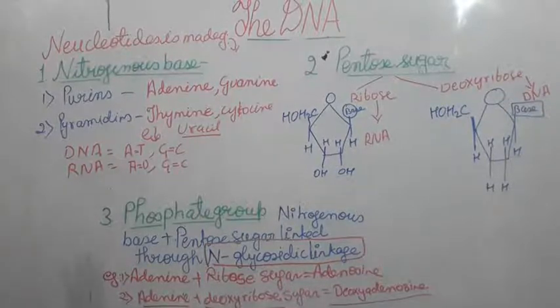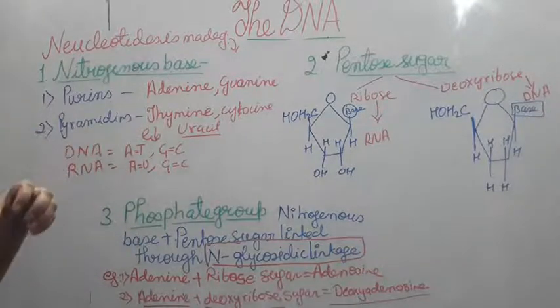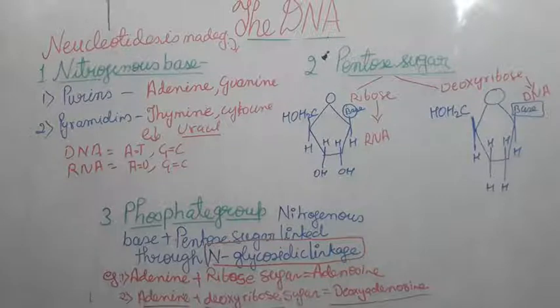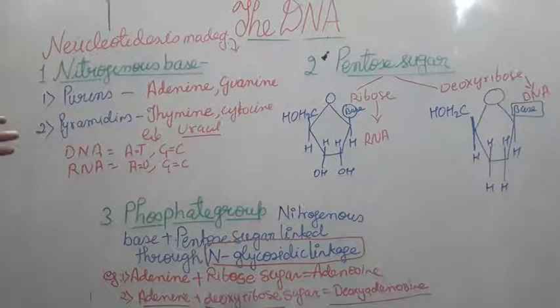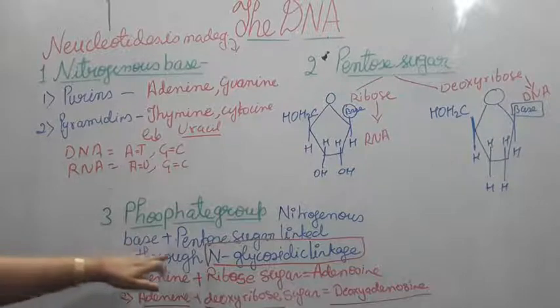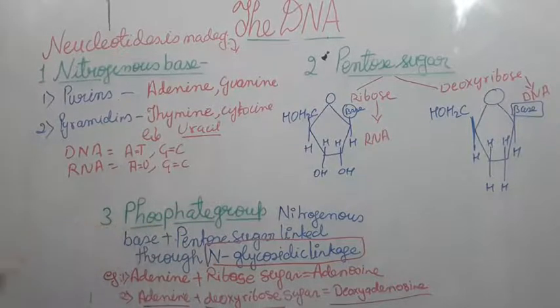So a nucleotide is formed depending on the type of sugar, maybe deoxyribose or maybe ribose. When a phosphate group is linked with the 5-OH of the nucleoside through a phosphoester linkage, this forms a nucleotide, and then a dinucleotide.